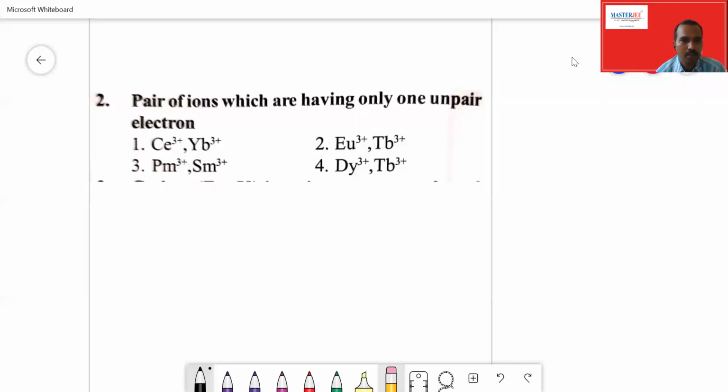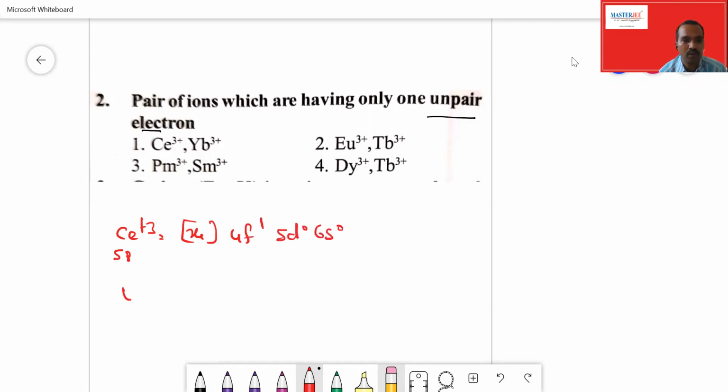Next, they are asking for the pair of ions having only one unpaired electron. If you see cerium plus 3, whose atomic number is 58, xenon 4f1 5d0 6s0. In a similar way, ytterbium plus 3, whose atomic number is 70, has electron configuration xenon 4f13 and 6s0.